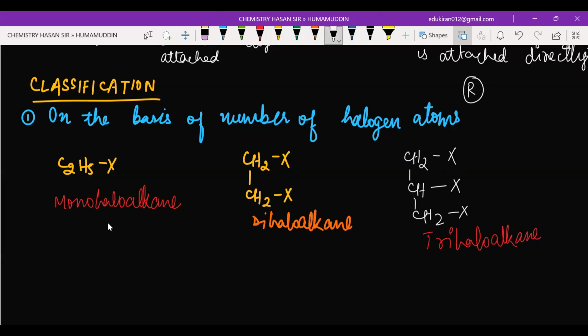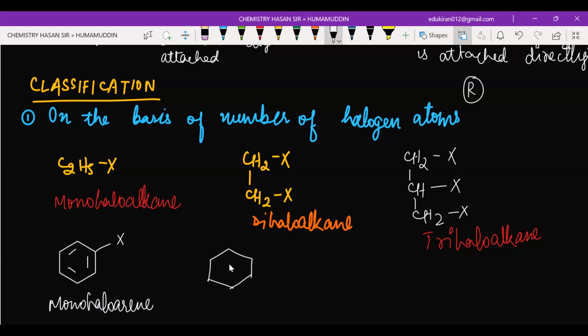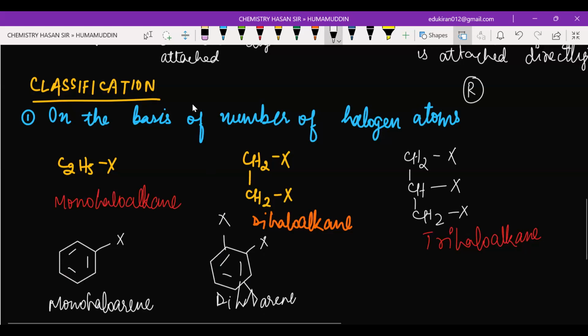Yes, sir. In the same way, we can go for the haloarene. You can see this is your haloarene, this is arene, which is called benzene, and this is your X, that means haloarene. So since only one halo is there, so monohaloarene. Now you can go for this as well. If you have two halogen group X and X is here, so it will be dihaloarene.